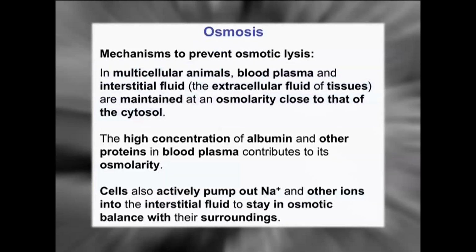In multicellular animals, they have a different strategy. They usually keep the osmolarity of blood plasma and extracellular fluid at a similar level to that of intracellular fluid. Consequently, there is a balance of osmolarity, and that avoids osmotic lysis.